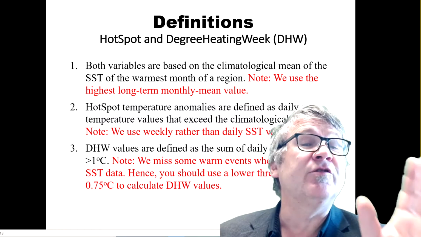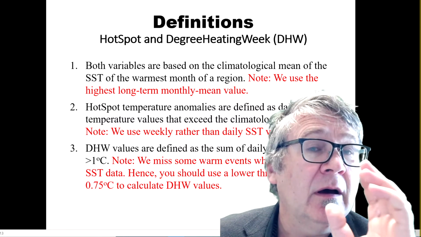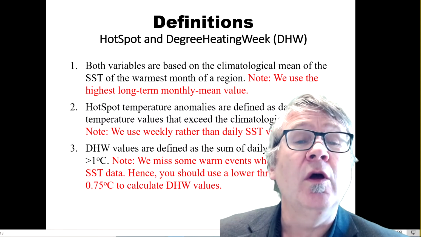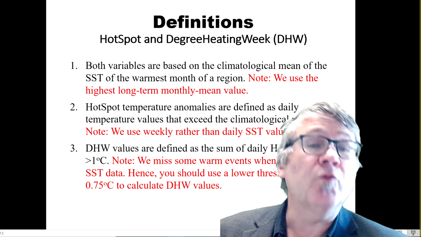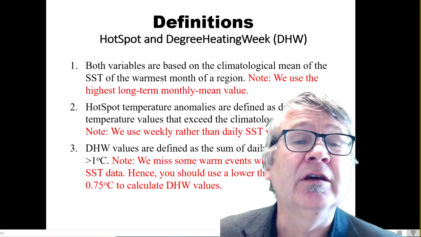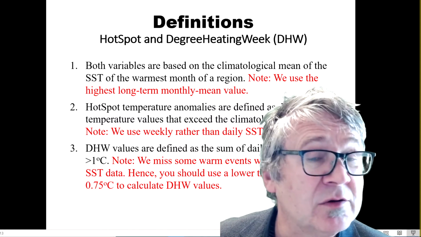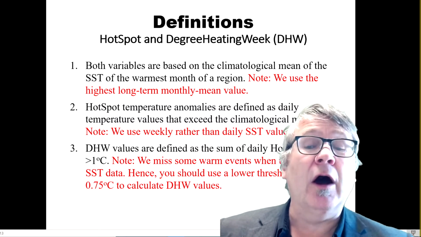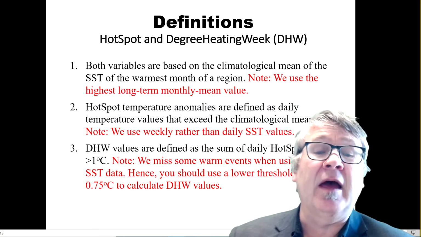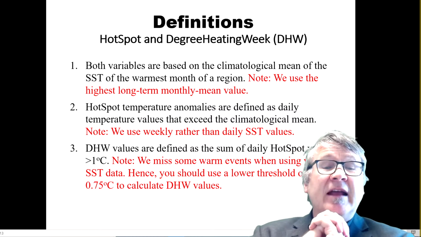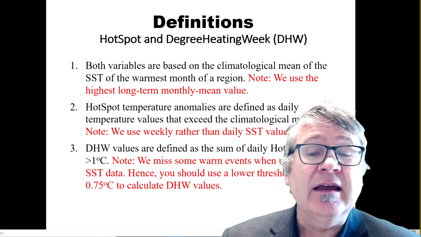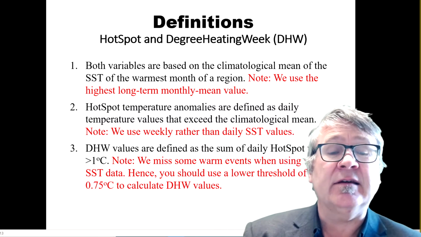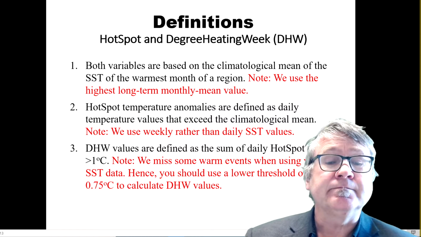Also, the reference has to be based on some long record, say 20, 30 years, and also excluding the more recent times of rapid global warming. So now we can work out hotspot temperature anomalies, and they are actually defined as daily temperature values that exceed the climatological mean.